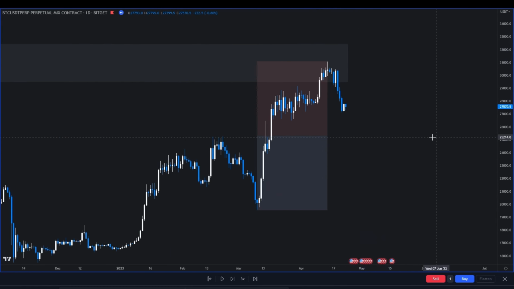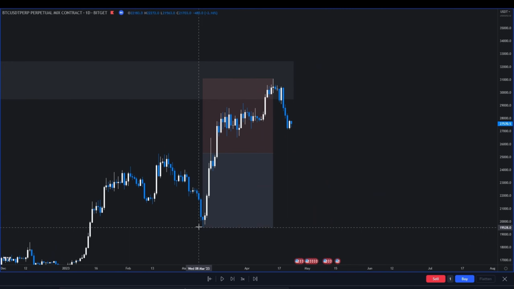Now here, our bias is that the price will hit discount as it retraces, right? So we are in premium and we're trying to short. That's already one confluence. So now when price is here, where is it likely to go to, right? Likely, it doesn't mean it's gonna go there or it doesn't have to go there.